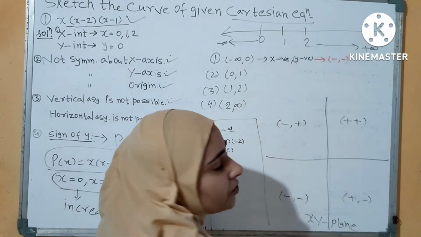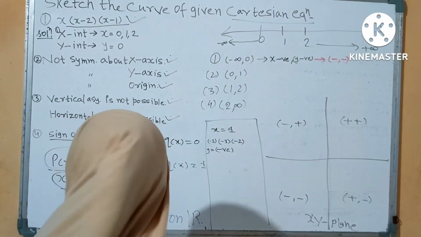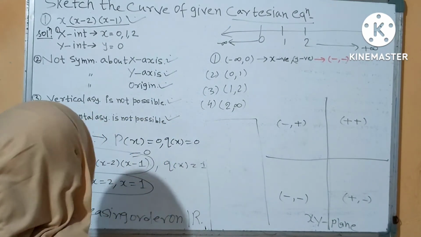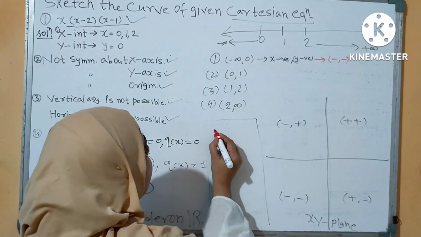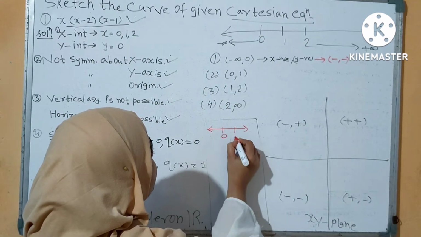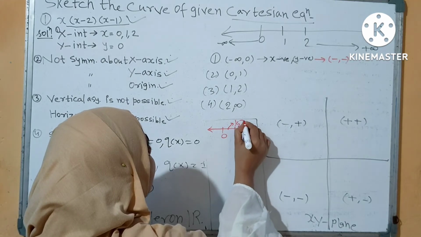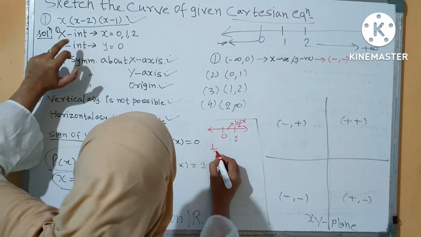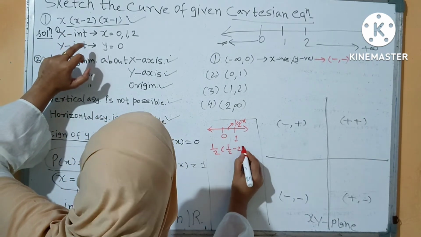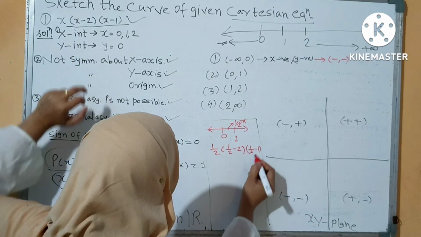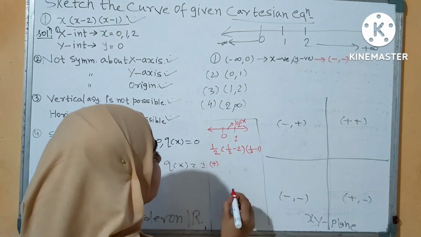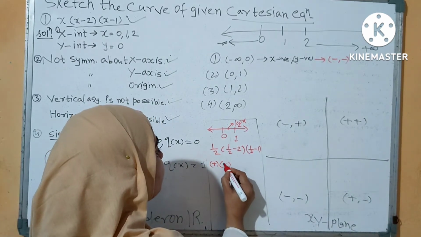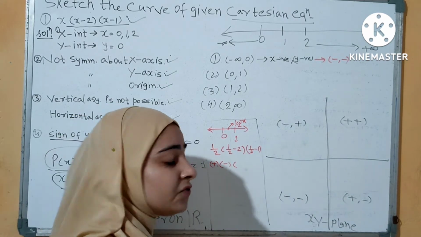Next, what can you say about 0 and 1? For 0 and 1, you have to take an in-between value, just take x = 1/2. Whenever you put x = 1/2, it will be 1/2 times (1/2 − 2) times (1/2 − 1). The first is positive, the second, 1/2 − 2, gives a negative value, and 1/2 − 1 again gives a negative value.